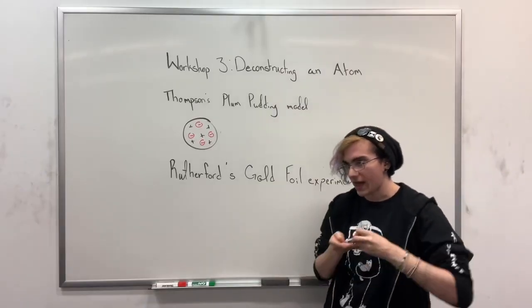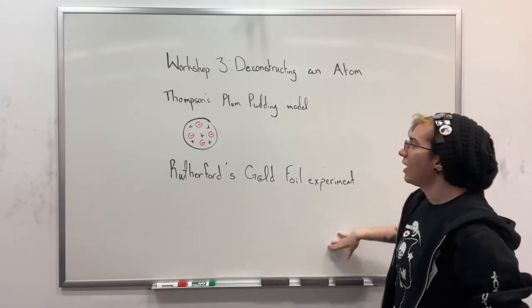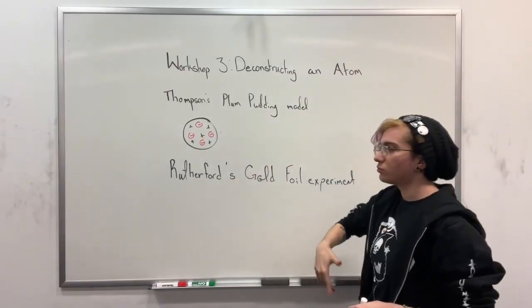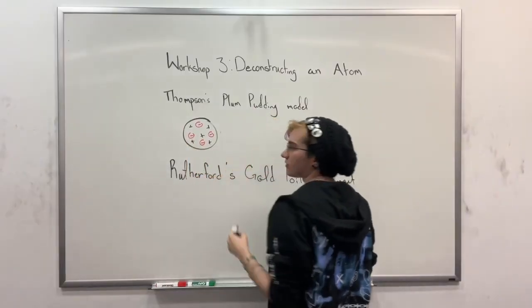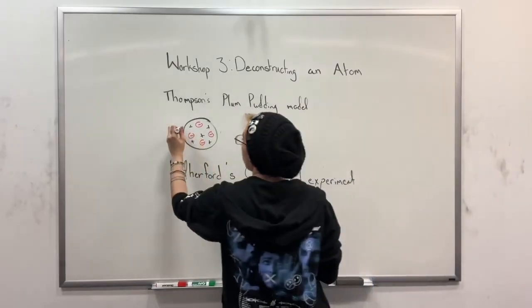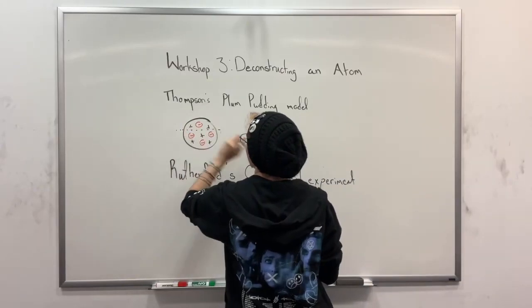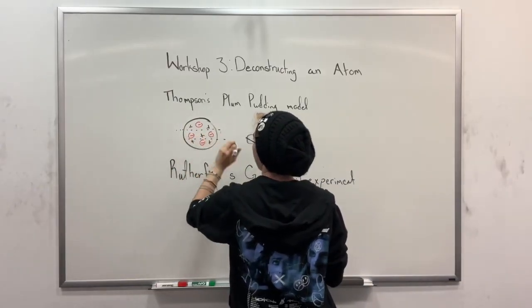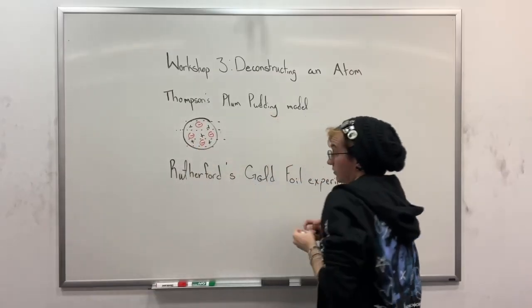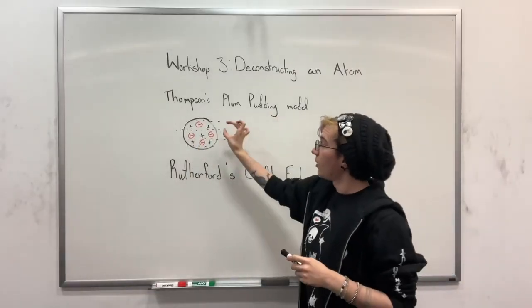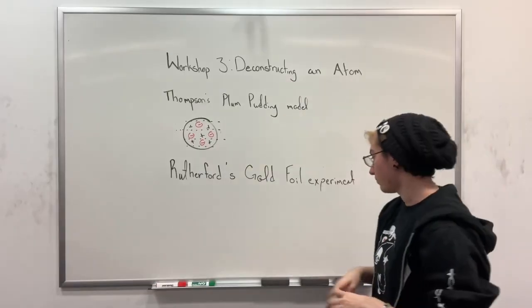Alpha particles have a positive charge to them. And if Thomson's plum pudding model was how atoms looked in the universe, then hitting it with positively charged particles, you would expect them to go through the atom itself wherever there is a positive charge, because it's a positive molecule just with little pockets of electrons scattered throughout it.